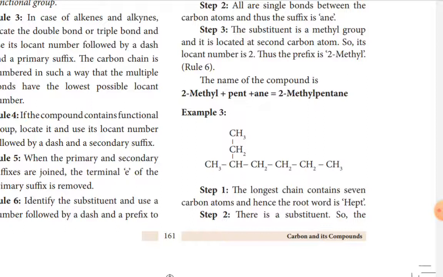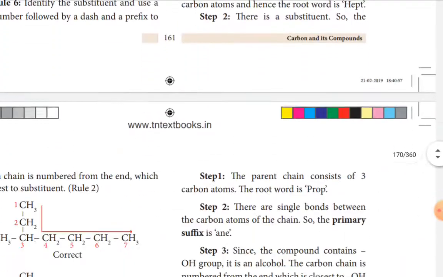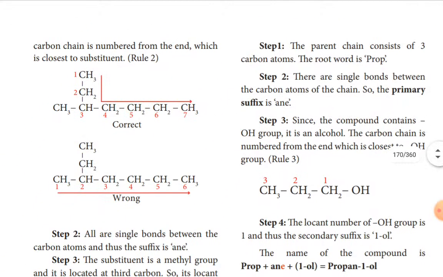To find out the longest chain, we have to take the next substituent. The substituent is also considered for the carbon skeleton. So CH3, CH2, CH, CH2, CH2, CH2, CH. This pattern is considered because this is going to be the longest chain compared to the previous one.